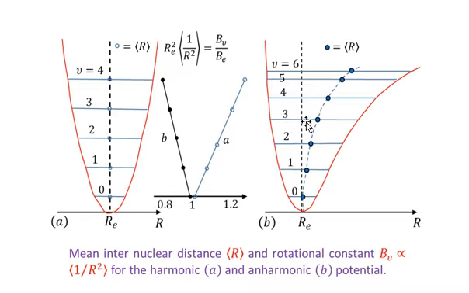So this is where the molecule will oscillate between the two extreme positions. But you know that the average value has been indicated by the solid circle. It's obvious that the average value of R is represented by the solid circle in this anharmonic oscillator.